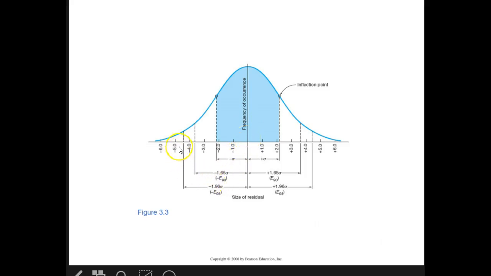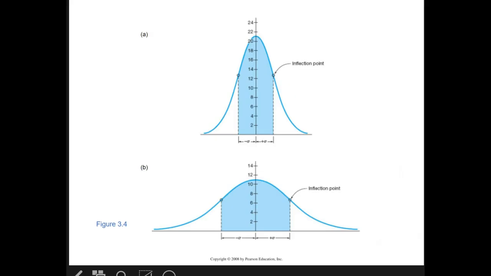Then if you go out 2 standard deviations out to here, you catch about 95% of the data. And if you go to 3 standard deviations, you capture about 99% of the data. And that's where that unusual or rare occurrence comes, above and below this 3rd standard deviation.